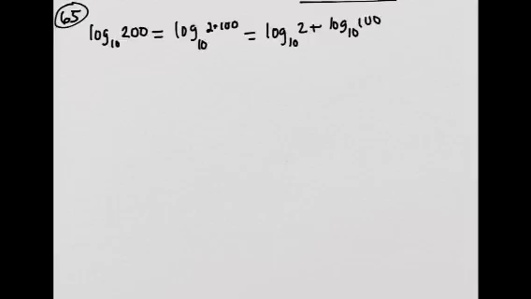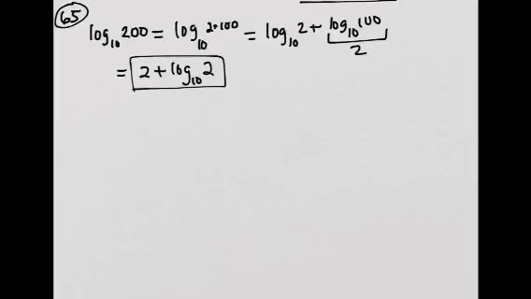Now log base 10 of 100 is 2 because 10 squared is 100. Remember, log is an exponent. What exponent of 10 gives you 100? The answer is 2. So this becomes 2 plus log base 10 of 2, and that's as simplified as you can get it without using a calculator.